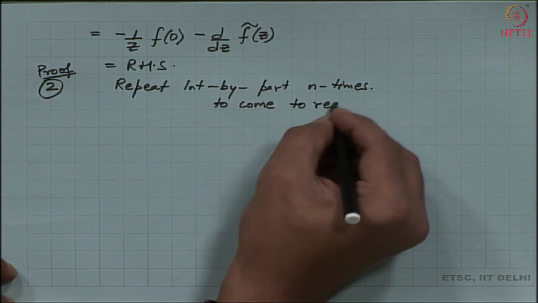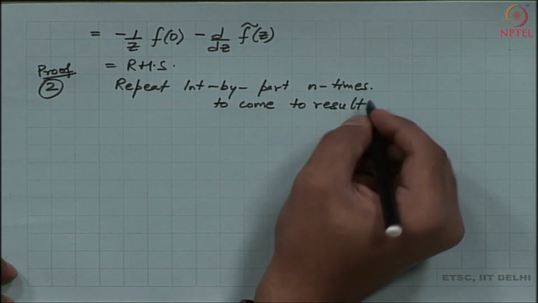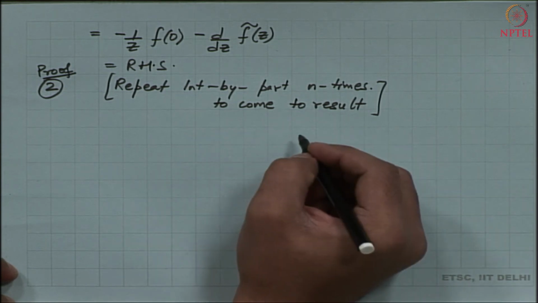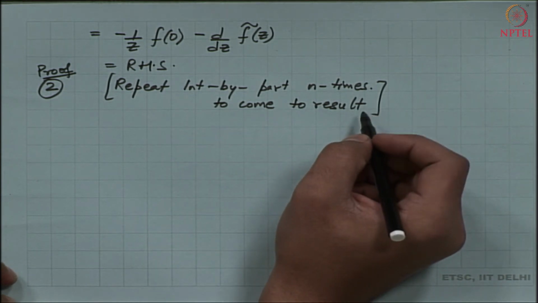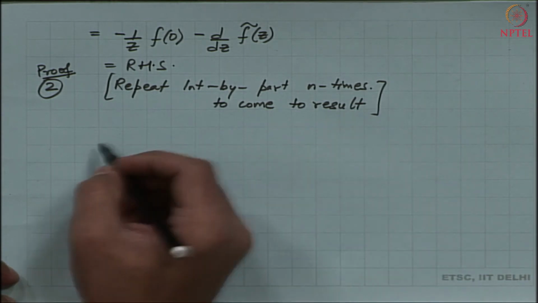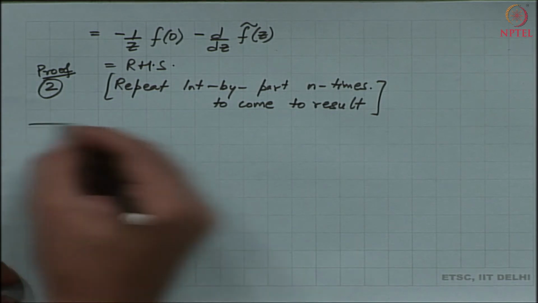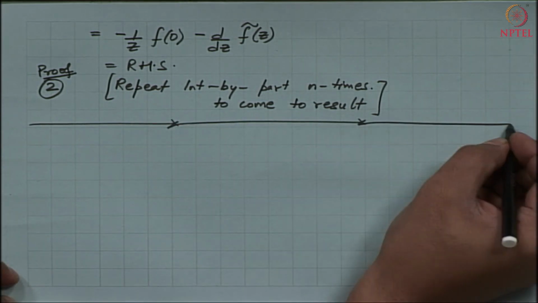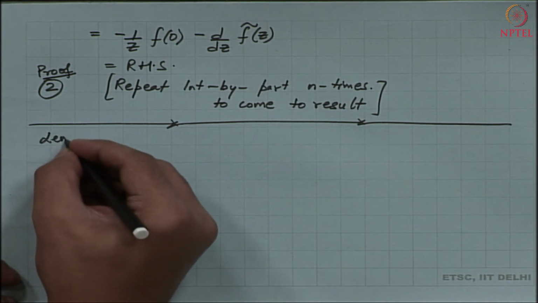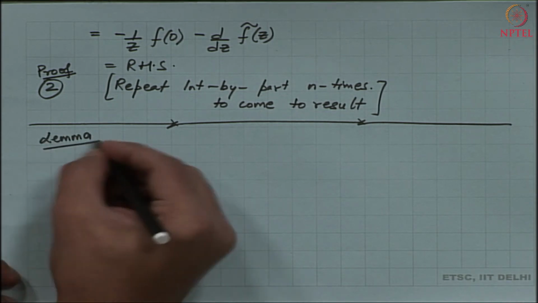Okay. So, this is a hint that I have given to the students, and using this hint the students can very easily derive the second part of the theorem, which is the general case of the nth derivative of the Stieltjes transform. Then I have more results. I have another result in the form of a lemma.